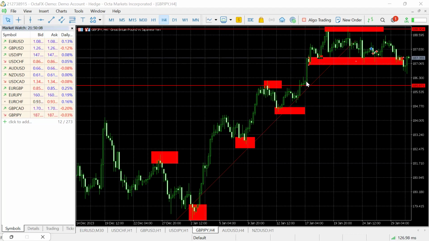But you can see where my cursor is, right? It's where the price opened for this candle, and this is where the price closed. If we're taking the average for close, this is the price they are going to take for this candle.